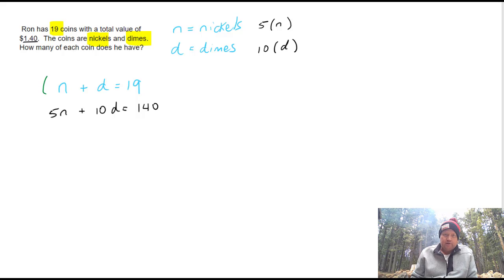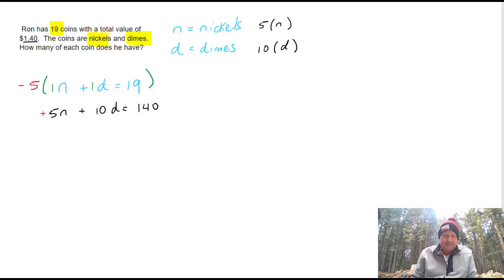So if you are deciding now, would you rather turn a 1 into a negative 10 so you could get rid of the D, or would you rather turn this 1 into a negative 5 so you could get rid of 5N? I know what I would rather do. I'm going to multiply by negative 5, because everything in there is positive and I need an opposite sign. This right here is positive 5N, and I need this to be a negative.